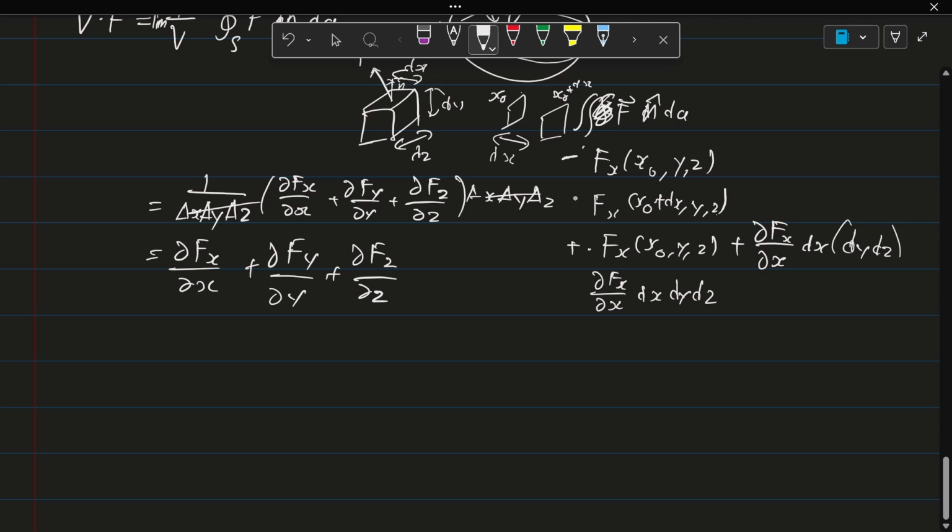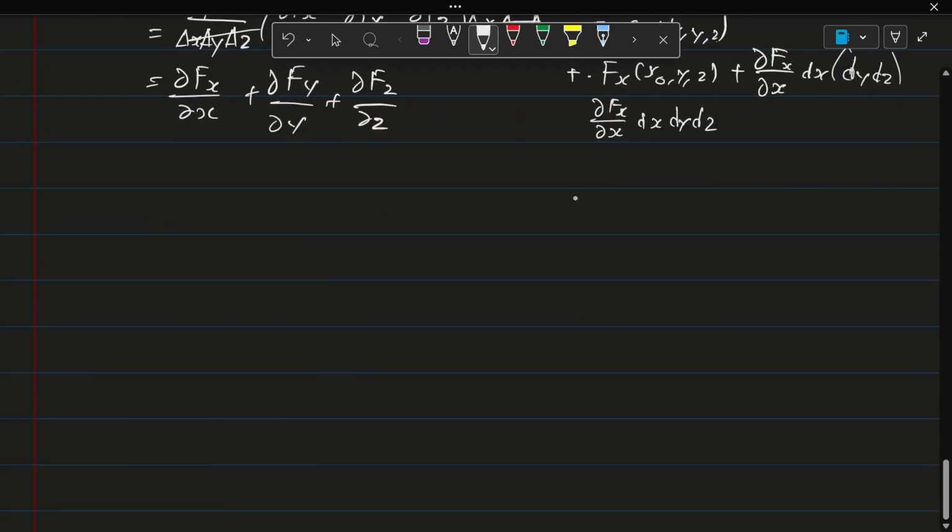What if we are trying to solve this for a spherical coordinate system? We could use the same idea by assuming a cube, like so. Well, it is a little bit slanted technically. We would have the dr in this direction, d theta in this direction, and d phi in that direction.